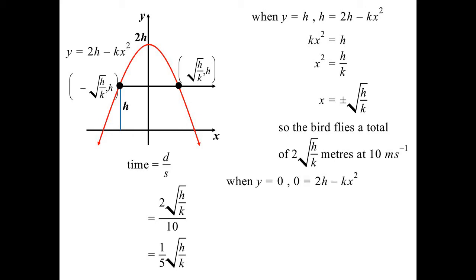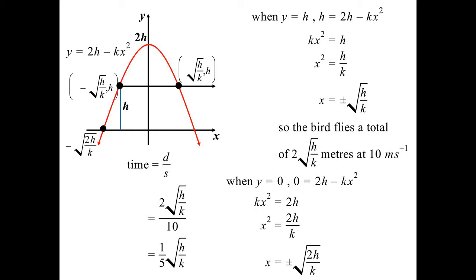So when y equals 0, the ground, we get 0 equals 2h minus kx squared. So I now know the two x-intercepts of my parabola are plus or minus root 2h on k. Over there, the left-hand side where I threw it from would be minus root 2h on k, and on the right-hand side would be that one.